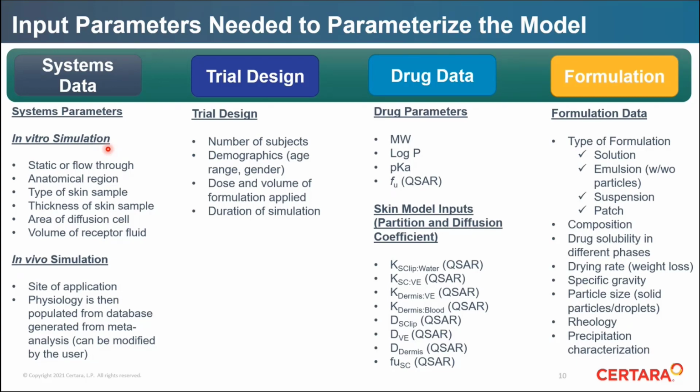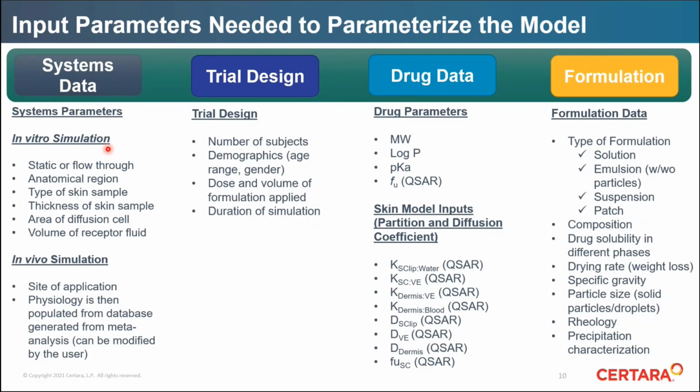Basic physical parameters are needed for the drug, such as molecular weight, log P, pKa, and a lot of partitions and diffusion coefficients through different layers of skin are actually predicted by QSARs. QSARs really help provide you a starting point, but you need to be careful about which data sets are used to build these QSARs, because each QSAR can have its limitations.